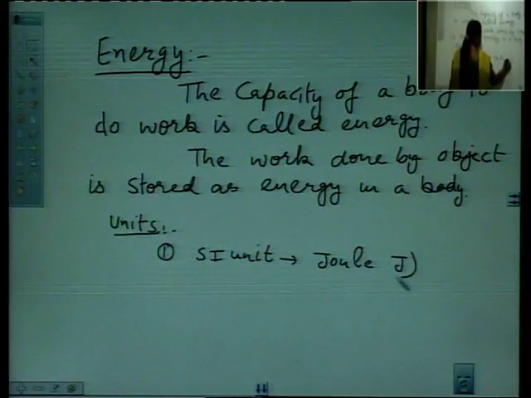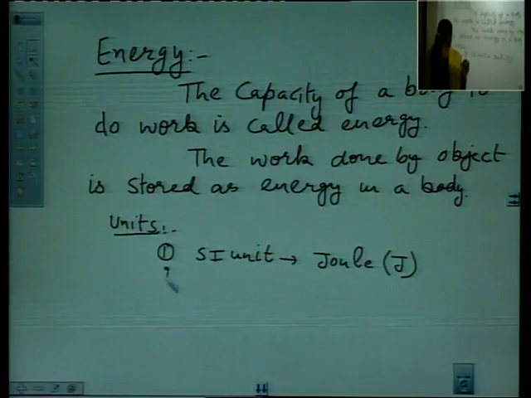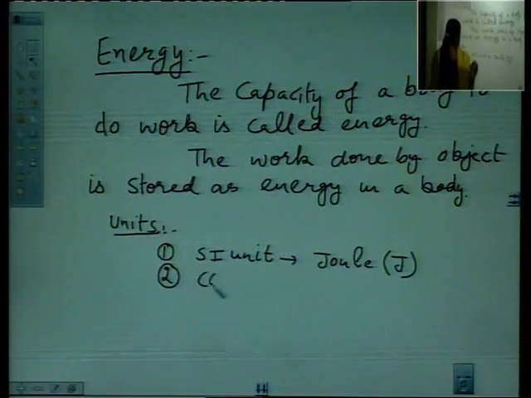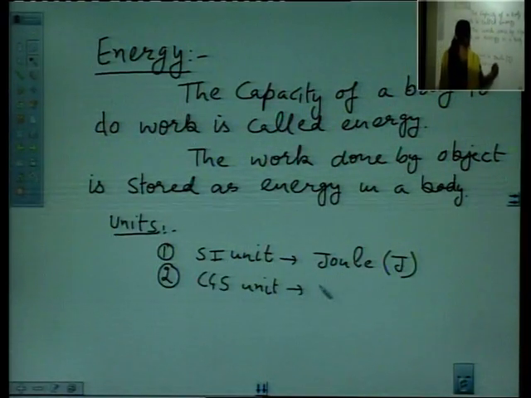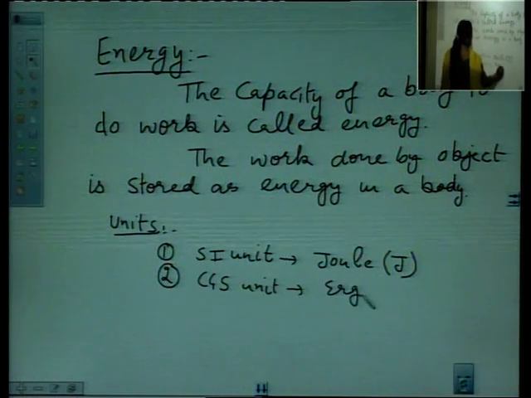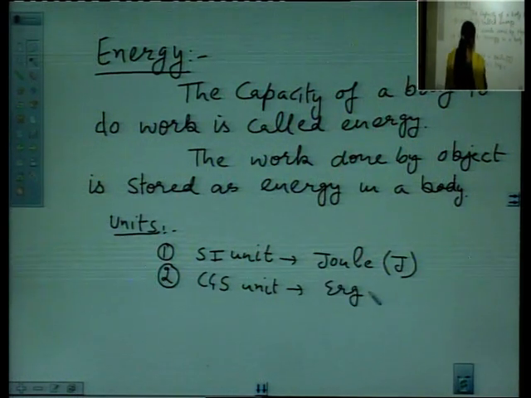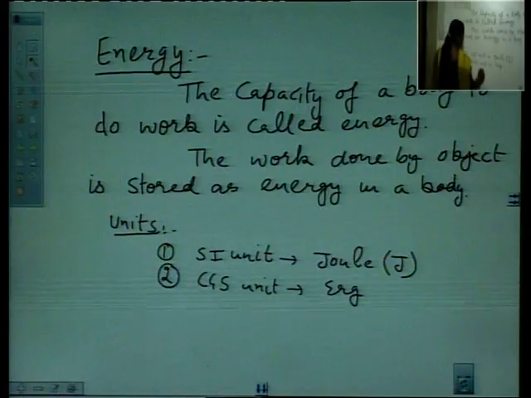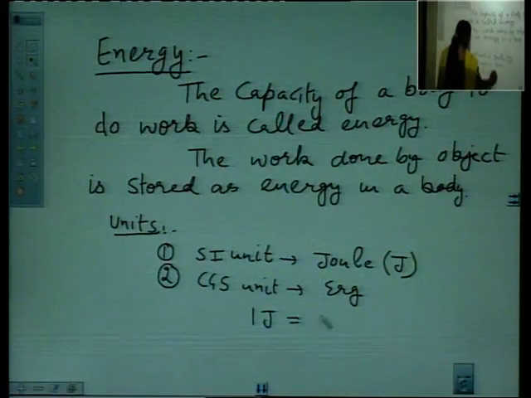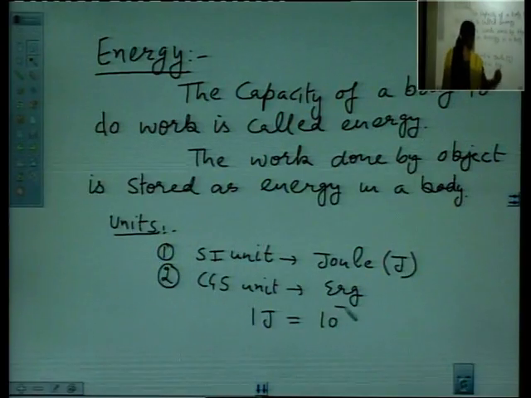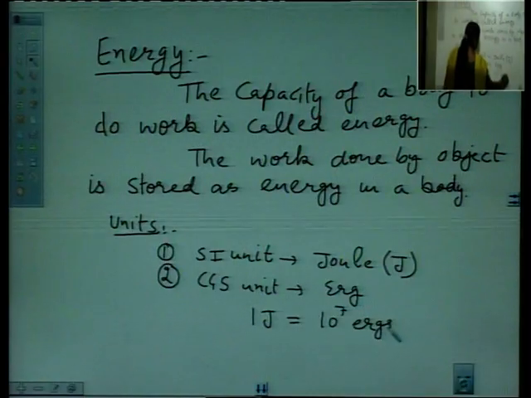Its symbol is capital J. Then we have CGS unit, which is erg. The relation between joule and erg is 1 joule of energy is equal to 10 raised to power 7 ergs.